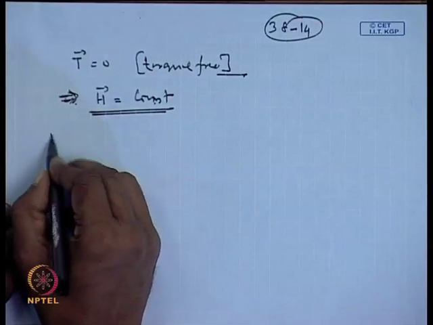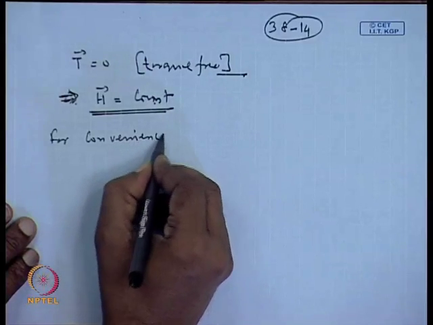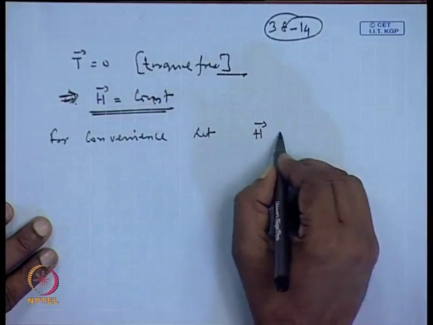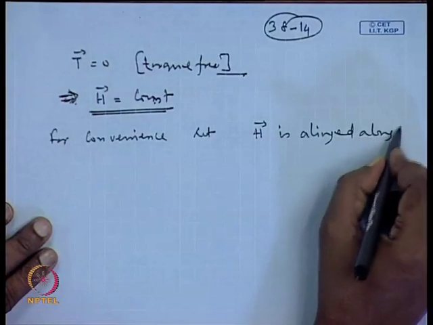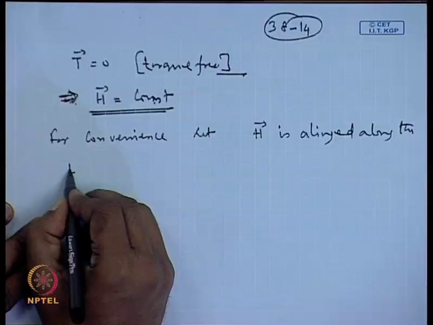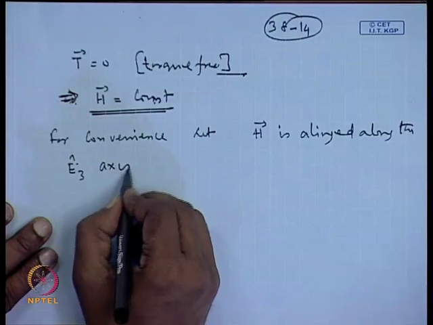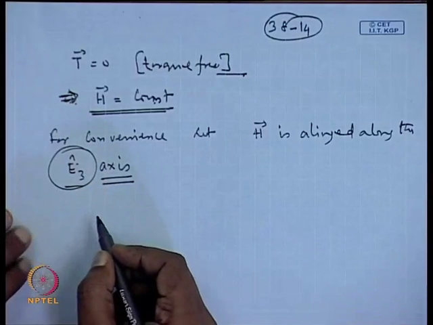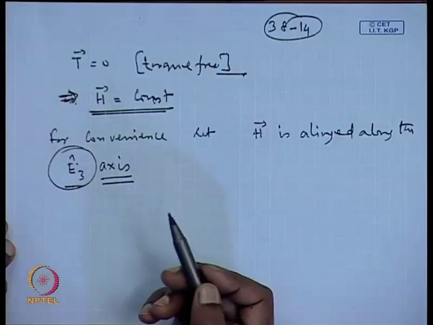Okay, so, for convenience let H be aligned along E3 cap. So, it is aligned along the E3 cap axis, where E3 is the inertial reference frame z direction.